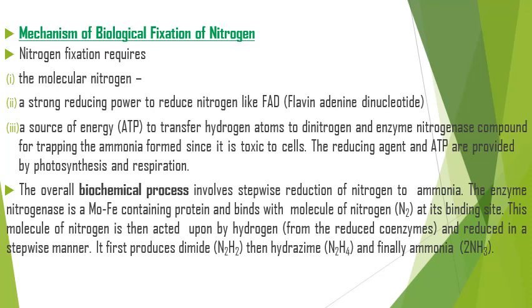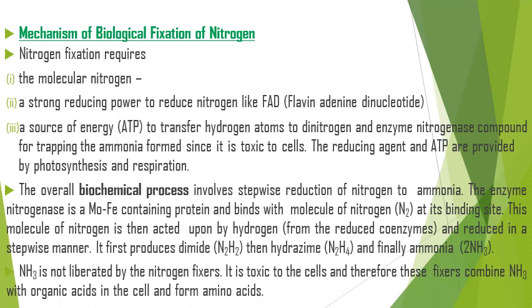The enzyme nitrogenase contains protein and binds with molecules of nitrogen at its binding sites. This molecule of nitrogen is then acted upon by hydrogen and reduced in a stepwise manner. It first produces diimide, then hydrazine, and finally ammonia. Ammonia is not liberated by the nitrogen fixers.